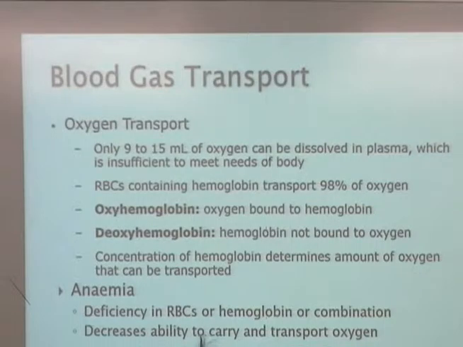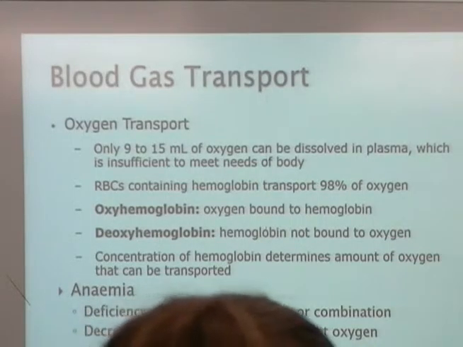Right? So our red blood cell count is important. If you have any blood work done, they're always looking at red blood cell count. If your oxygen stats are down, then it could be because your hemoglobin, your red blood cells are down, or they're not working properly because you're not well. Right?